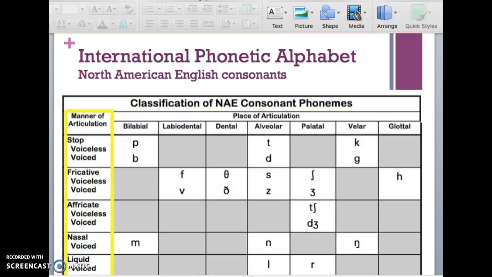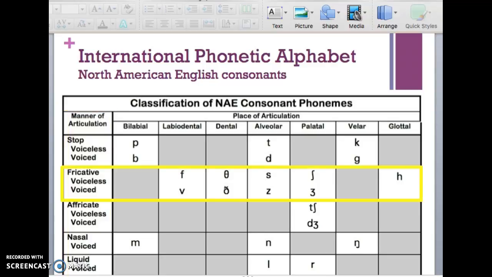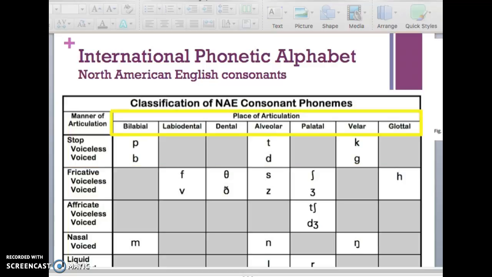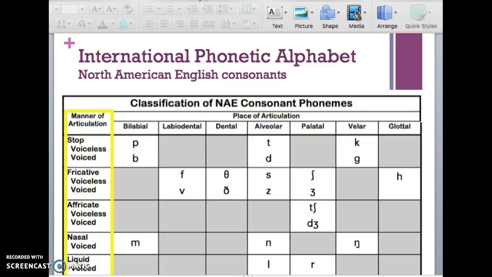The left part of the chart is the manner of articulation, and last time we went over stop sounds. Stop sounds are sounds that are made when the airflow is completely blocked by an articulator.